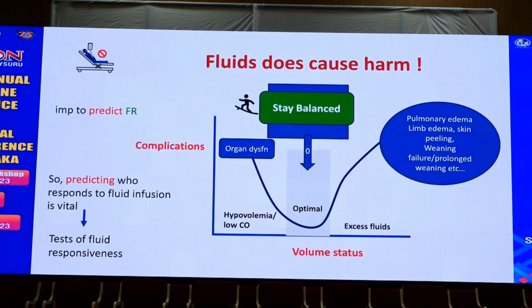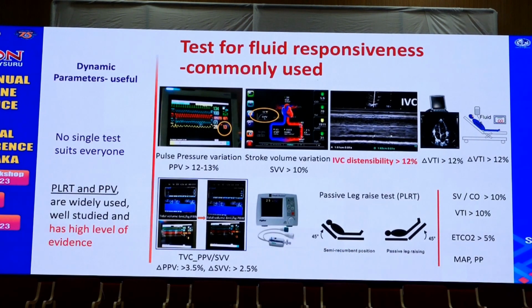So it's important to predict who will respond to fluids. For that, we have a lot of tests. One of the tests we devised is a tidal volume challenge test, especially in a population with a low tidal volume, the ARDS population. Or just use pulse pressure variation. So many tests are available. One of the tests we can use, we can predict. If it is successful, you give fluids. If it is dangerous, please don't give fluids.